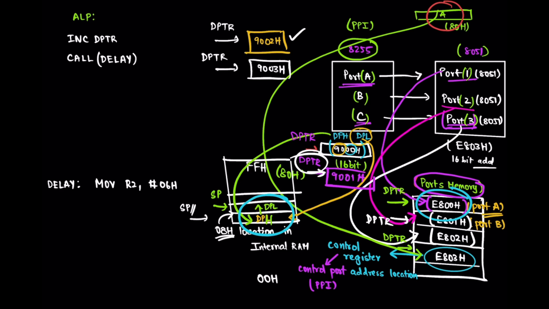So I've used the register R2 present in 8051 to keep track of the delay I'm going to use for each of the turning on or turning off of LED. So I've given the duration 6, which is 6 seconds. So there will be a delay of 6 seconds in this turning on or turning off of LED.